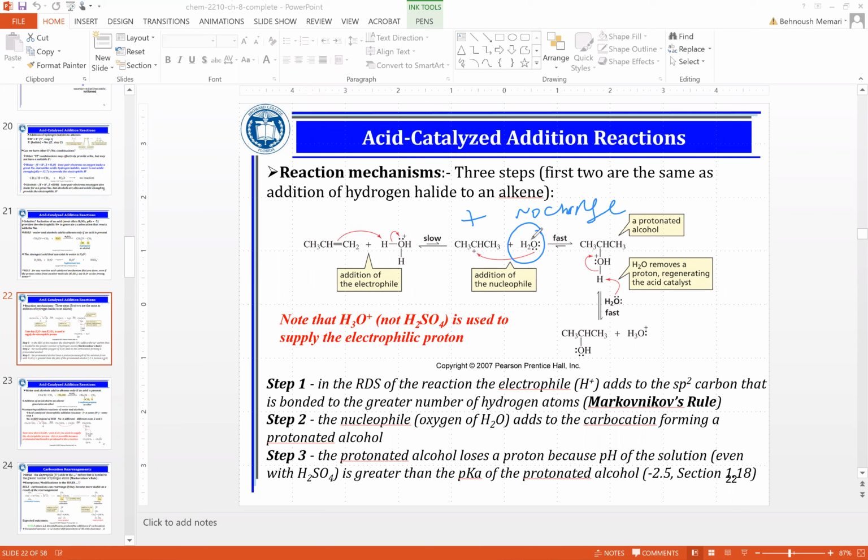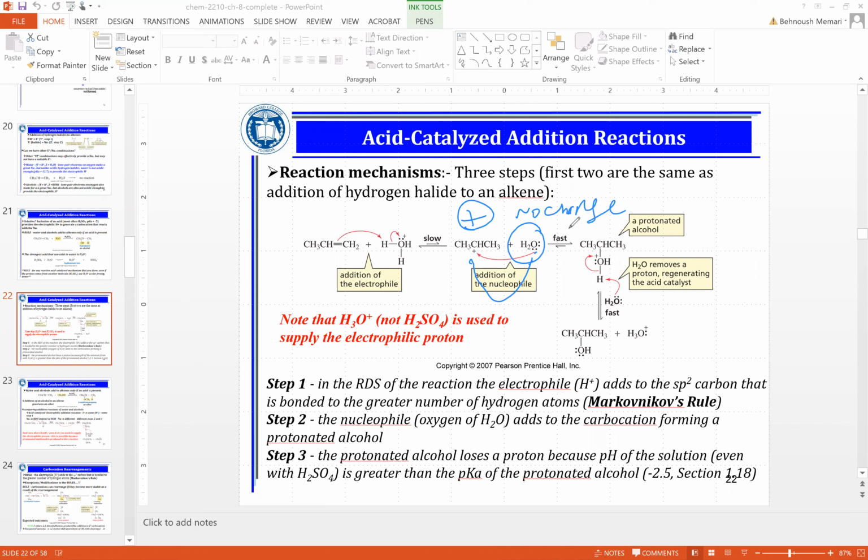So if you had a Br minus, what would have happened? If you had a Br minus, it would have come in, Br minus with the C plus, it just forms a new bond, and then you don't have to worry about a plus charge. But if your nucleophile is a neutral compound, and you do have a carbocation, when you bring a neutral plus a plus charge or carbocation, what happens to the plus charge?